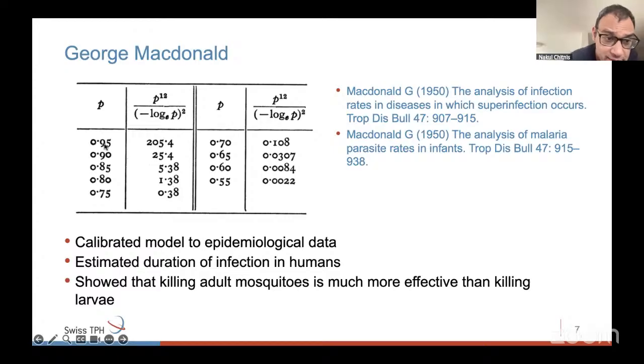If a mosquito has a 5% chance of dying per day, then with these parameters you have 200 infectious bites from each mosquito. If you reduce that by 5%, you get a tenfold decrease. If you reduce that by another 5%, you get a fivefold decrease. So you can see that this goes down very quickly. Because mosquitoes need to live long enough to become infectious, killing adult mosquitoes has a much bigger impact.